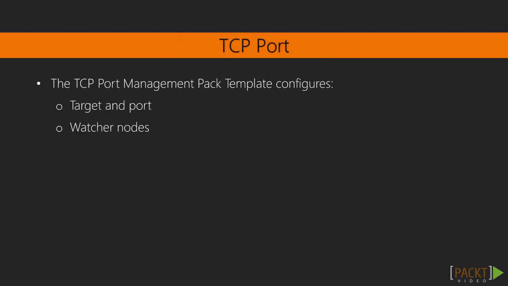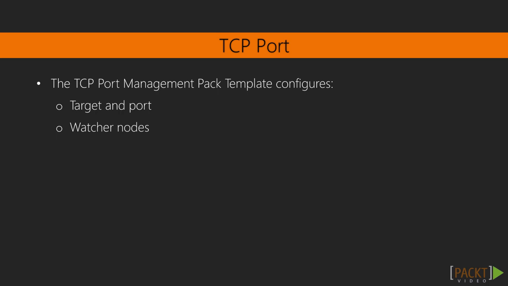You use the TCP port management pack template to check the availability of a TCP IP port. So this template allows you to monitor for an application listening on a specific port. You can monitor applications like DNS, DHCP, or even a specific website, like port 80, port 443. When you're walking through this wizard, you'll just give it a name.